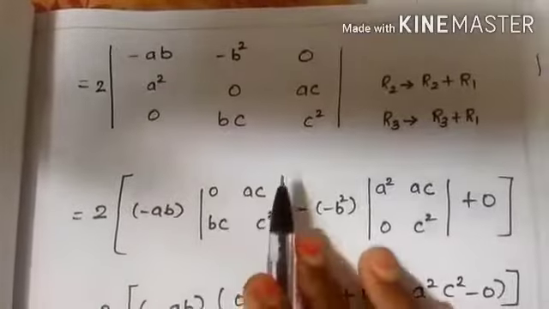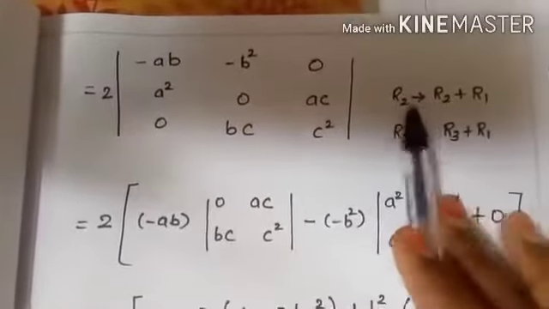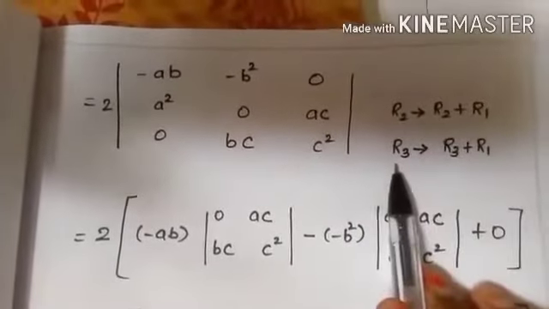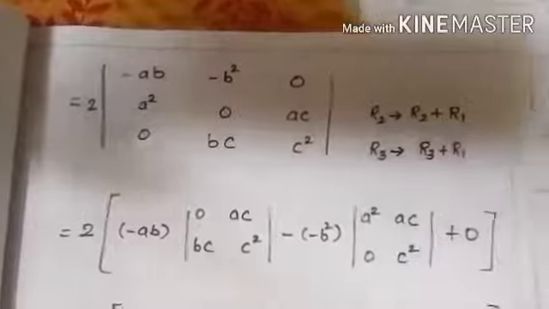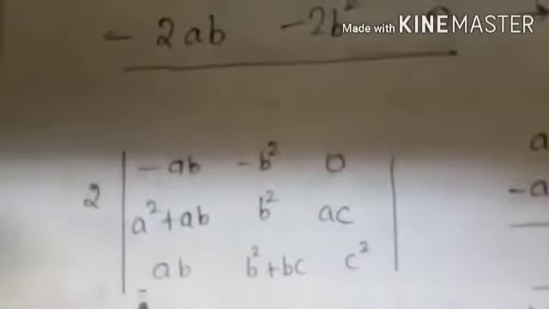which is equal to 2 into the determinant of, R2 tends to R2 plus R1, R3 tends to R3 plus R1. The last determinant is 2 into the determinant of minus AB, minus B squared, 0, A squared plus AB, B squared, AC, AB, B squared plus BC, C squared.